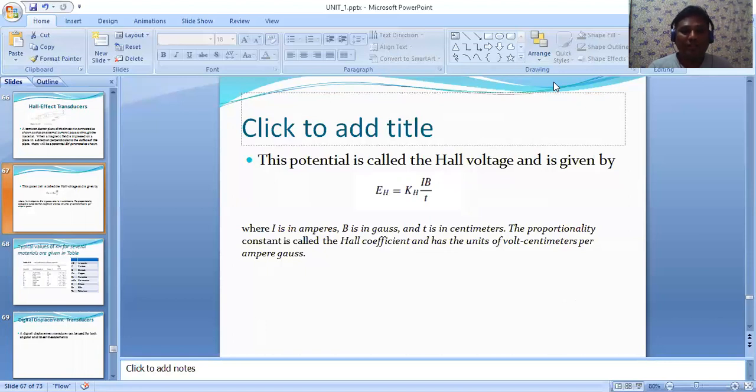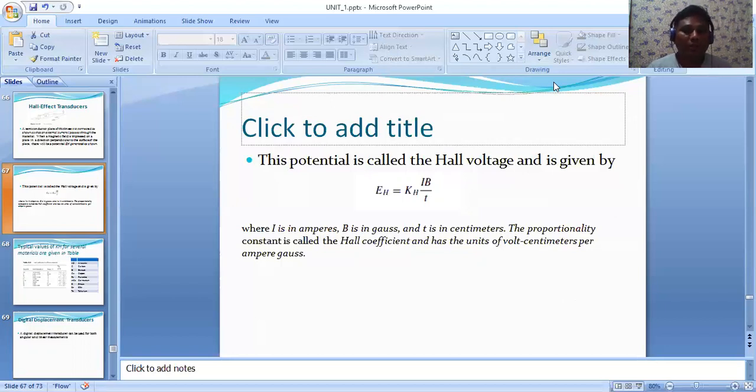Here B in gauss means that when the current passes through the semiconductor plate of one thickness, the plate has some field quantity, which is indicated by capital B. T is in centimeters, that is the thickness of the plate.